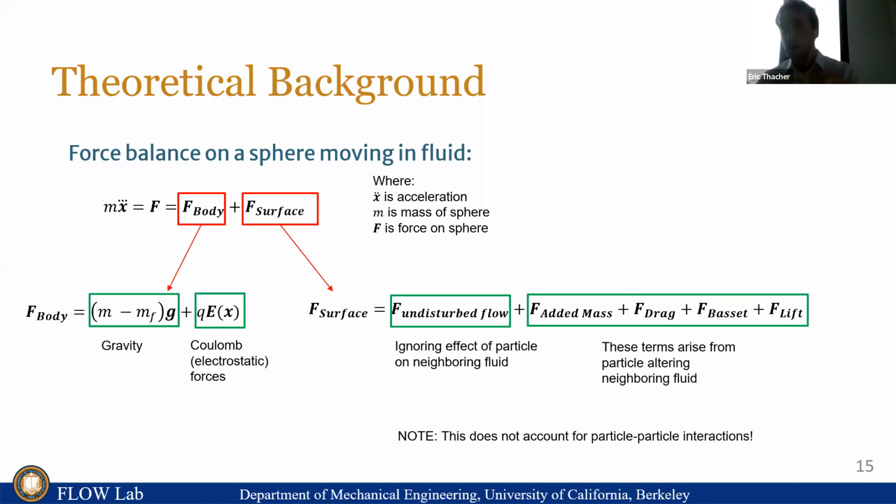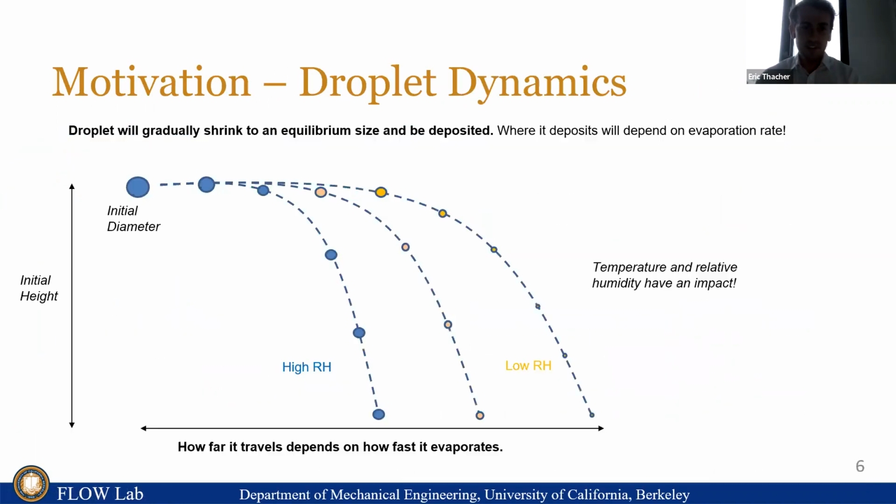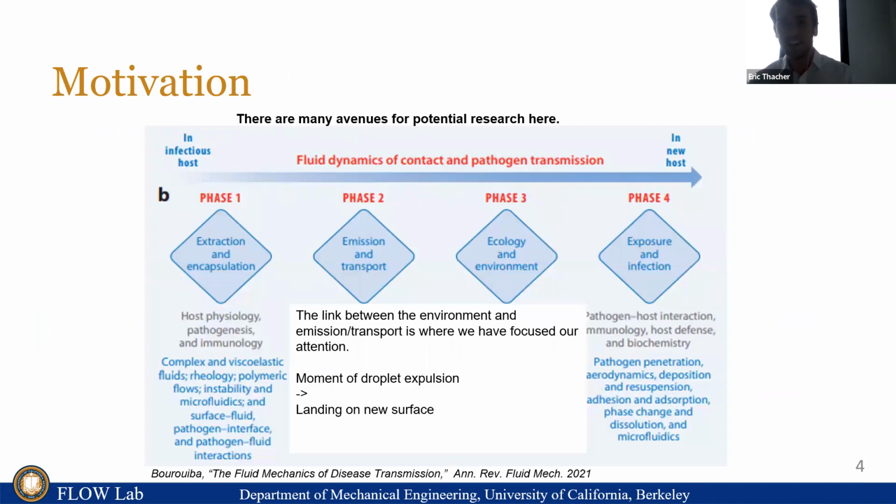And specifically, my work is basically studying, once the droplet gets expelled, what will happen to it. We're not looking at the composition of that droplet. We're only going to be looking at liquid droplets with fluorescein. And the uptake of the virus, again, really important. Let me just skip back to this first slide. I just want to make sure that I'm clear about what I'll be talking about today and what I won't.